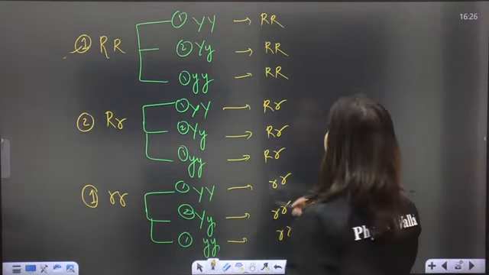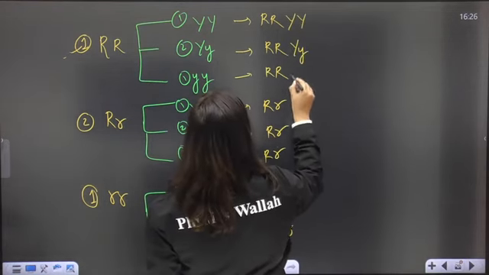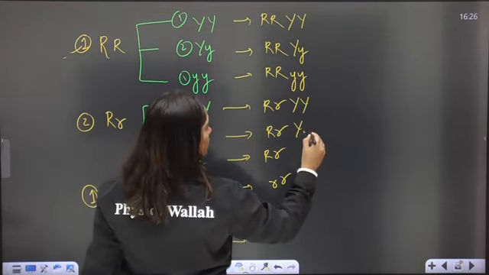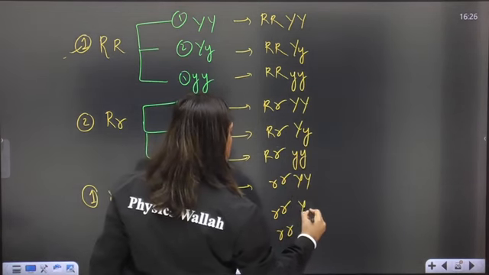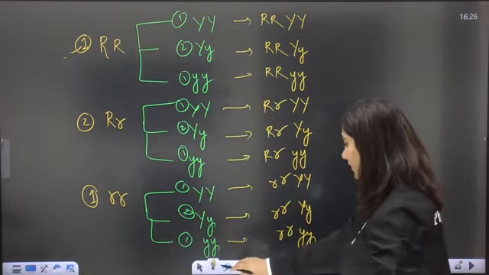Okay? And then write the condition of Y, capital Y, capital Y, capital Y, small y, small y. Again here. Okay.